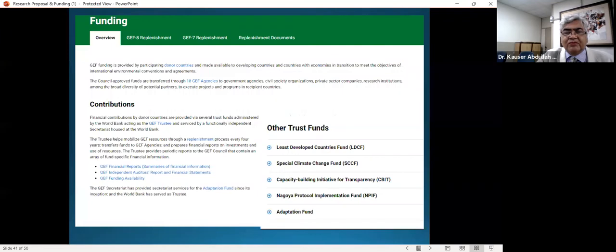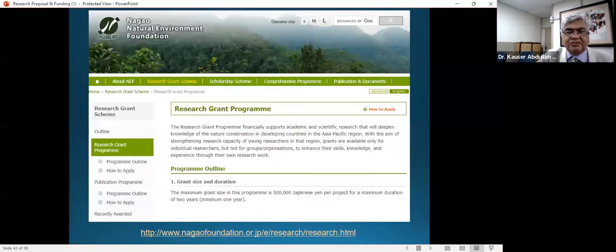They have a lot of emphasis on climate change, and obviously, that is an area which many of you are interested in. Now, there is another Japanese one, Nagao Natural Environment Foundation, and that is also very attractive, and you should try your luck in this organization as well.